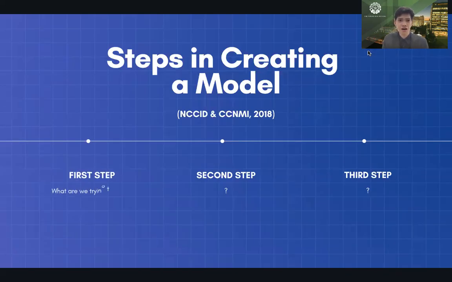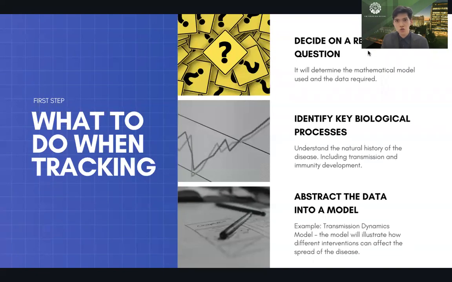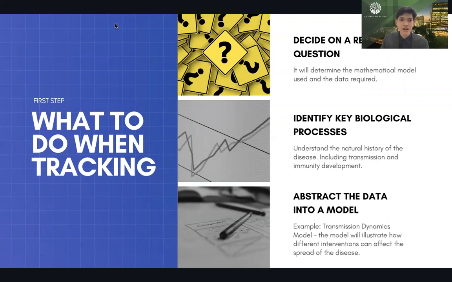So the first step in creating a model is we should ask first the question, what are we trying to track? This could be the COVID virus, or this could be syphilis, anything. In tracking, we should first decide on a research question, because it will determine the mathematical model used and the data required.